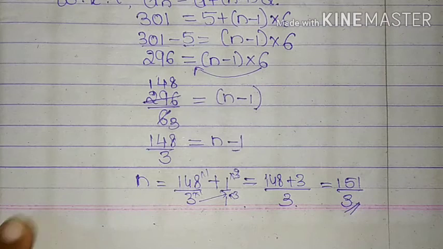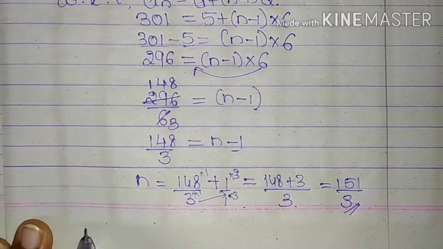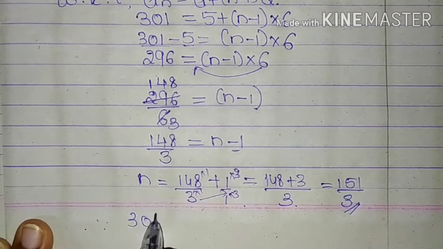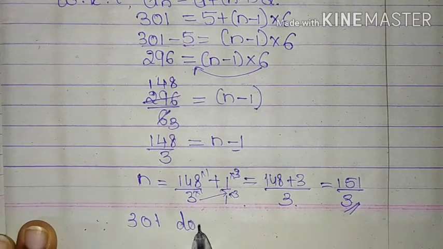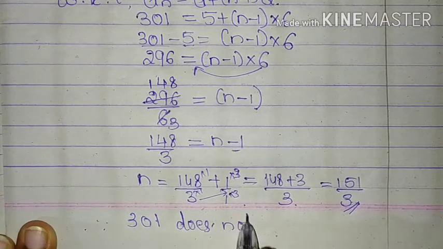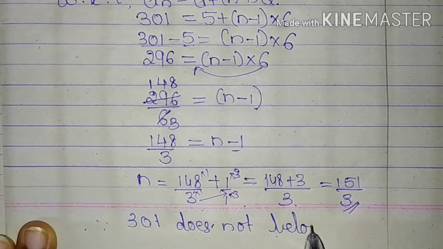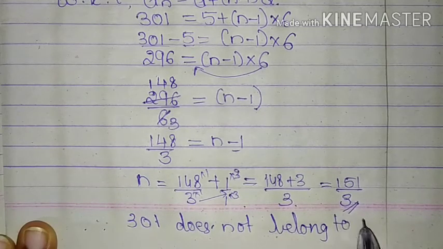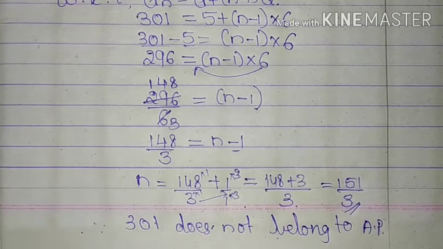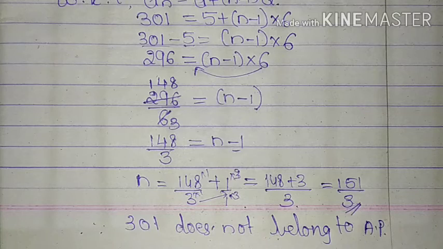So obviously we can say that 301 does not belong to the given AP, because the value of n which we found is not a natural number. It is a fraction.